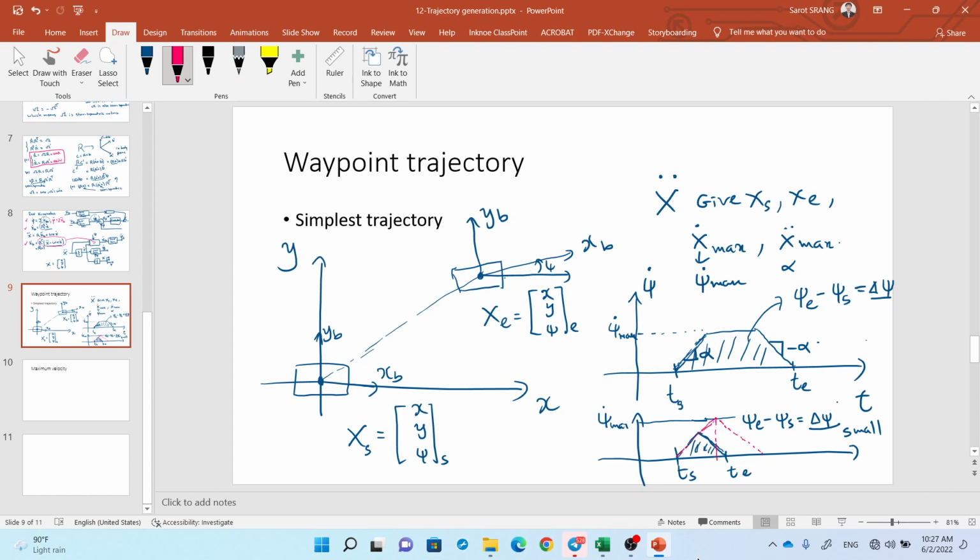So with this width and height, the area of this triangle can be found. You calculate the area. Now you already know the width of the half triangle.